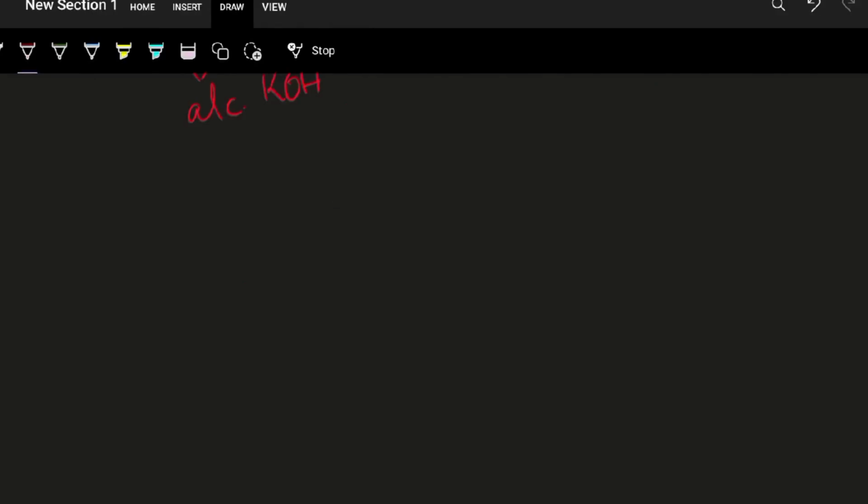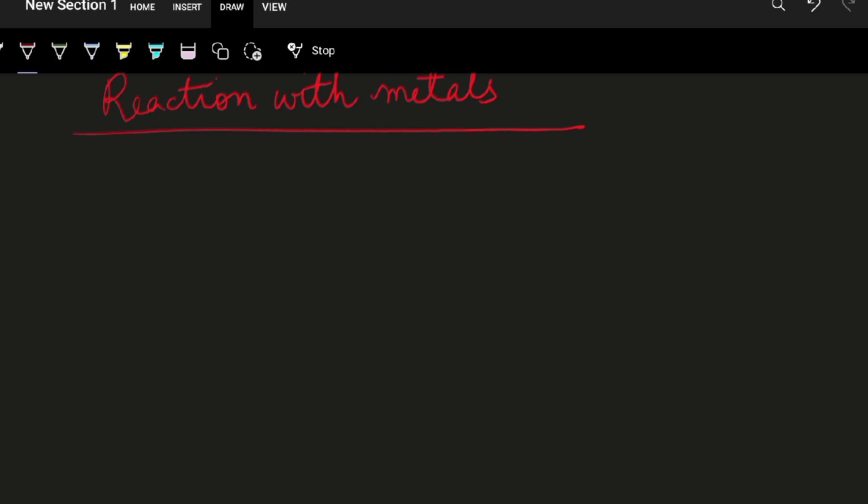Now the next part of our discussion is reaction with metals. Alkyl halides or haloalkanes react with active metals like sodium and metals like magnesium.